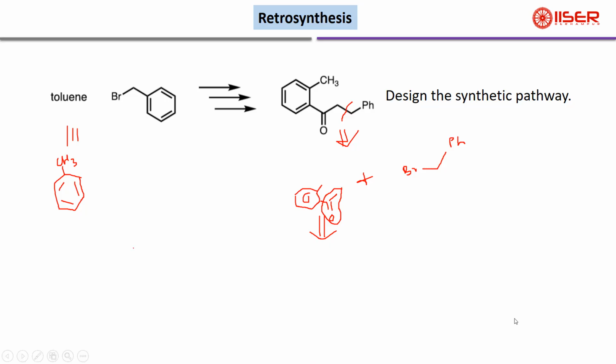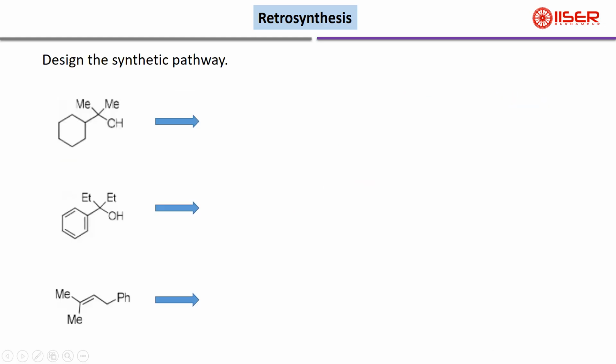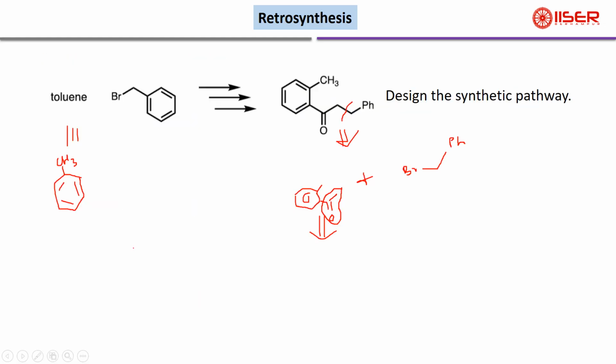So for this one, if you want to perform the electrophilic substitution of the toluene and incorporate this acetyl group, this keto group, in that case this para position is available, so it will enter the para position, not the ortho.